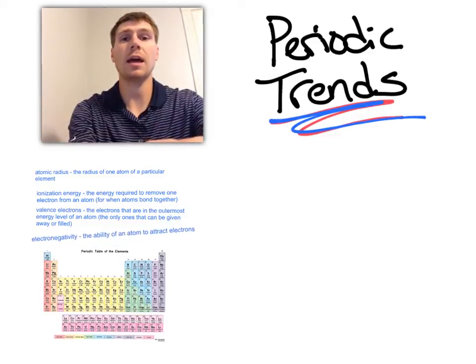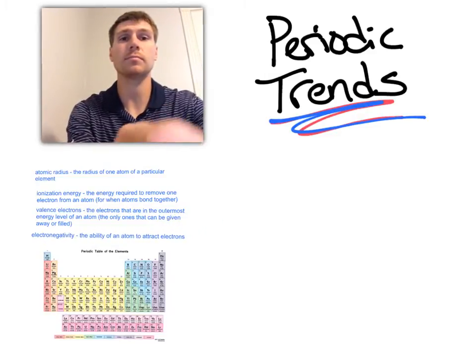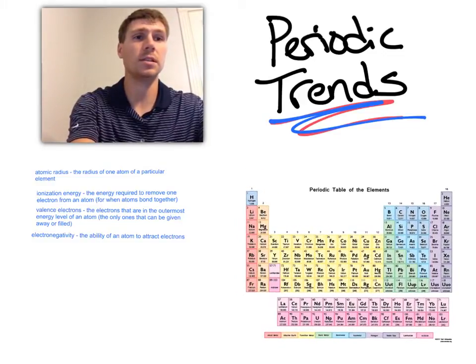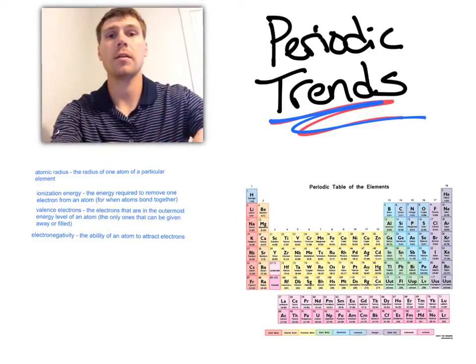Okay, so now to the actual trends themselves. Here's our periodic table. I put it here just so that it's made really easy to see, and then we can get going from there.